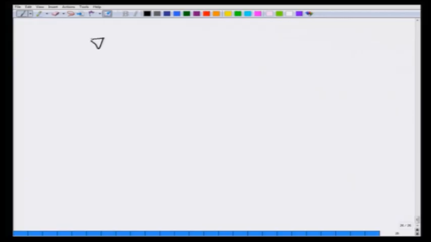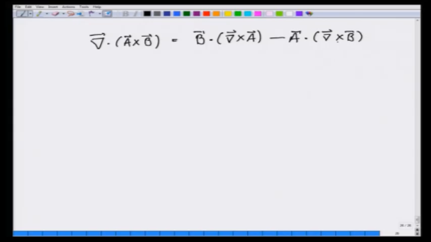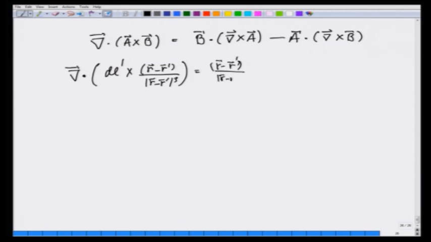Now, from the vector identity, the divergence of A cross B is equal to B dot curl of A minus A dot curl of B. We find that divergence of dL' cross (r minus r') over |r minus r'| cubed is going to be equal to (r minus r') over |r minus r'| cubed dotted with curl of dL' minus dL' dot curl of (r minus r') over |r minus r'| cubed.